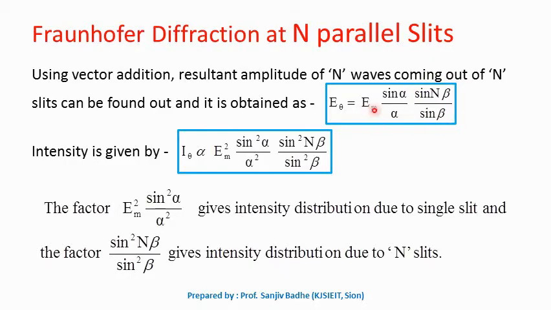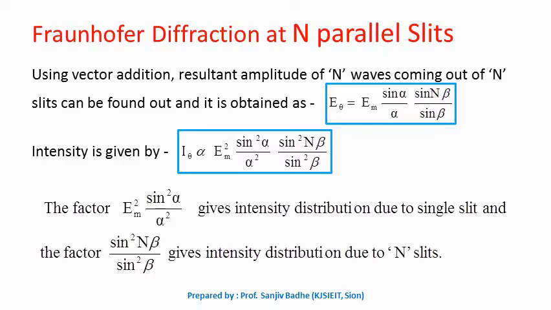This is a general relation now for any value of n. If you put n equal to 1, the problem reduces to a single slit problem. This becomes sin beta upon sin beta, so sin beta gets cancelled, and we get the result for a single slit, the resultant amplitude equal to Em sin alpha upon alpha.